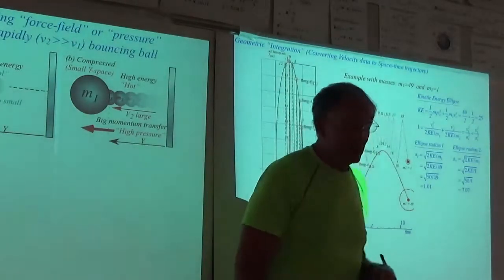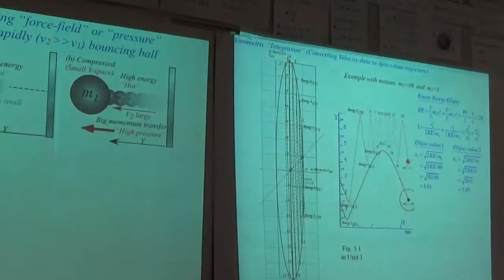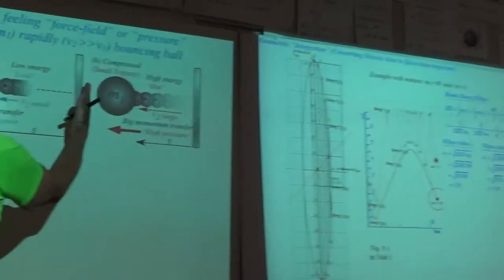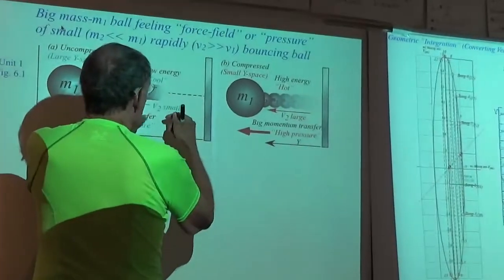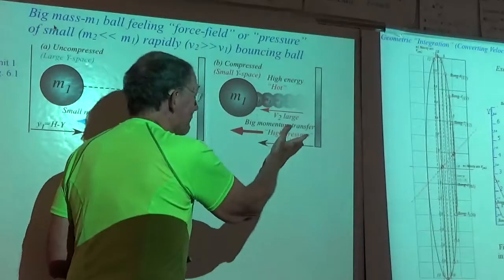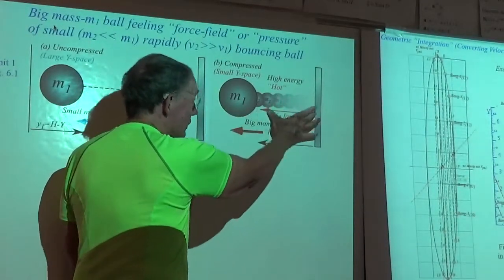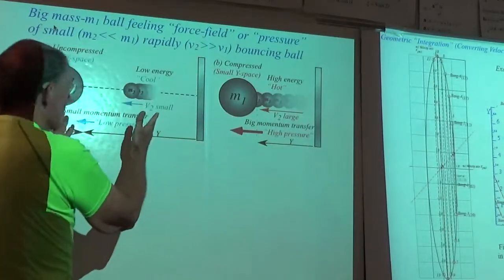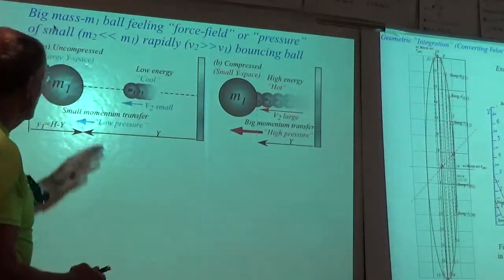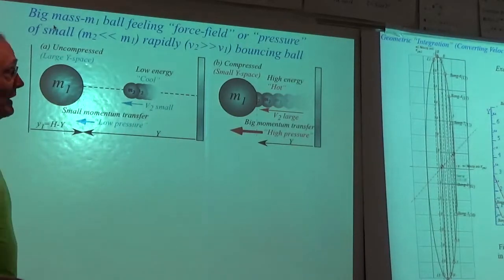And the way you would talk about this in thermodynamics or statistical mechanics is, as I reduce the space allowed for this little ball, it's going to get hot. That means it's going to be going fast when you're close, and it's going to be going more slowly when this space is expanded.